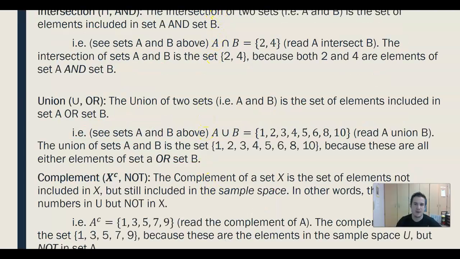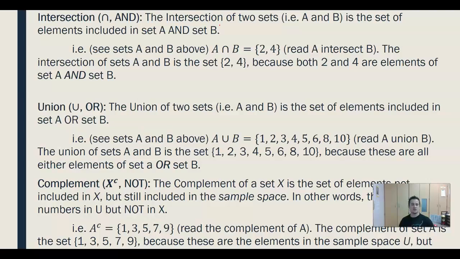Okay, this is a big page, so I need to scroll this up here. These are the last 3 definitions that we're going to talk about, and some of the most important ones that we'll see throughout this unit. So an intersection. An intersection is denoted with this little cap, a horseshoe facing downwards, and it reads "and." When I talk about intersection, I'm talking about "and."